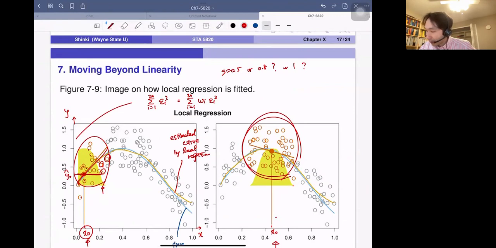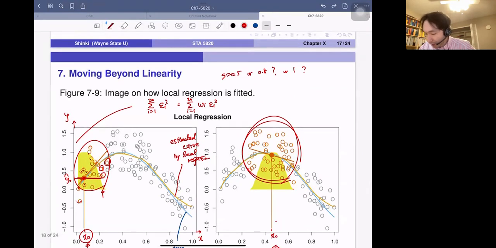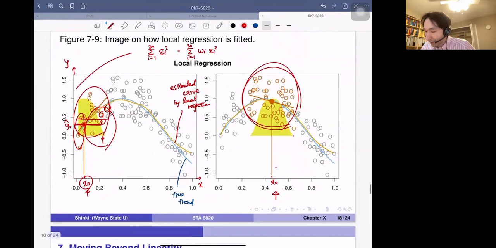And by fitting a straight line, the bias is smaller than just calculating the local average, because with the local average, you can see that only a few observations are on the left-hand side of this observation, and the larger number of observations are on the right-hand side. So in such a case, if we just calculate the local average, that can overestimate the y0 hat in this case. So fitting a straight line is better.